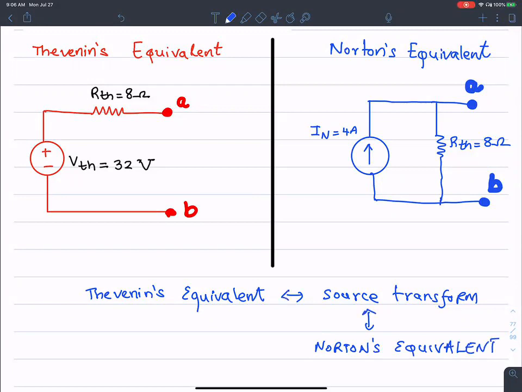See, I have a voltage source with a series resistance on the left. In order to get an equivalent current source, let's take the voltage source and divide it by the resistance, 32 by 8. Voila, you have that 4 ohms over there.